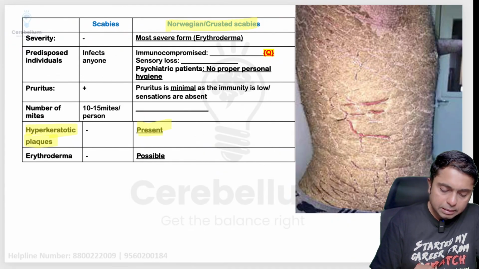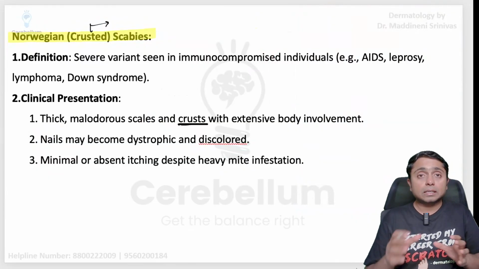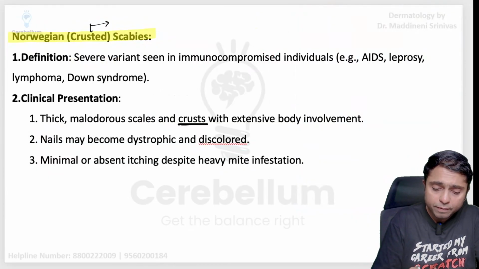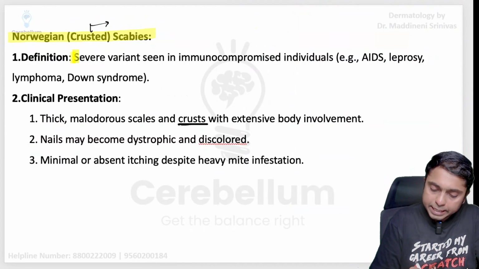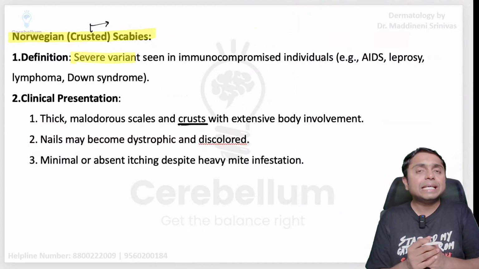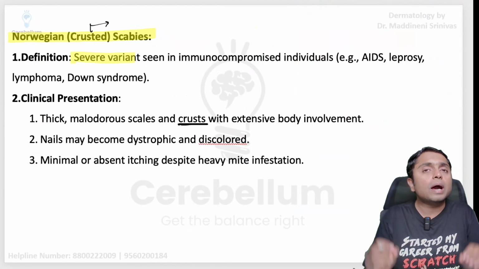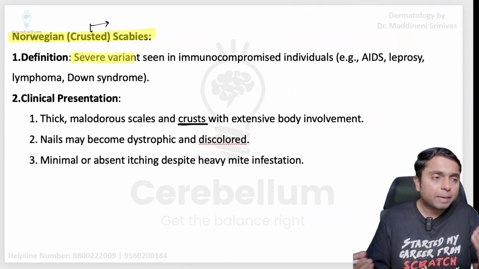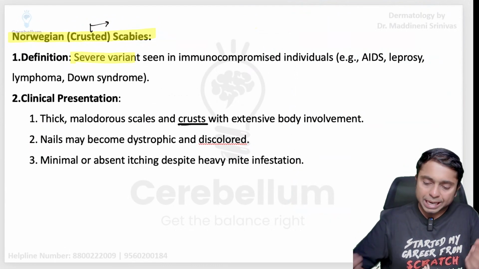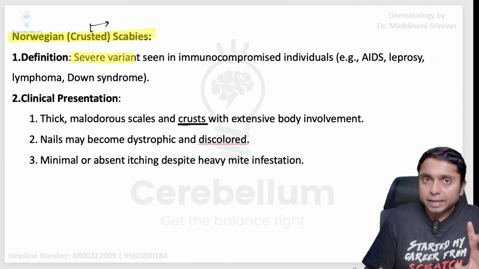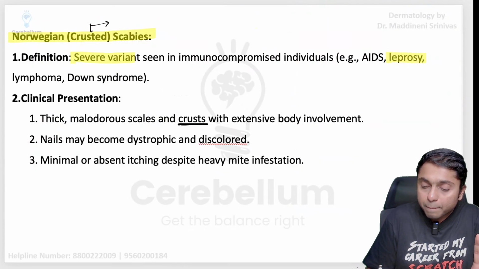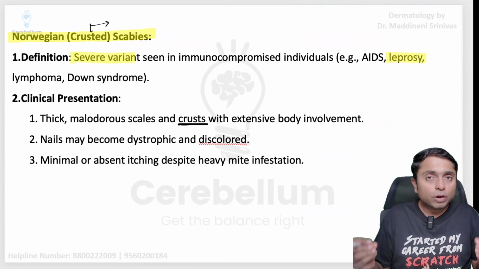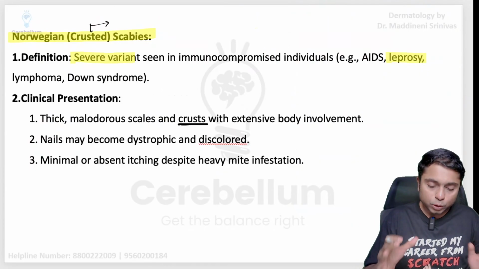And this is the hallmark of the crusted scabies, and it is the severe variant, very severe variant of scabies, and it is usually seen in the patients who are having immunocompromised status. Like for example, they may be on chemotherapy, or they may be HIV individuals, or if the patients are having leprosy. Okay, then also there is a high chance of development of crusted scabies in those individuals.